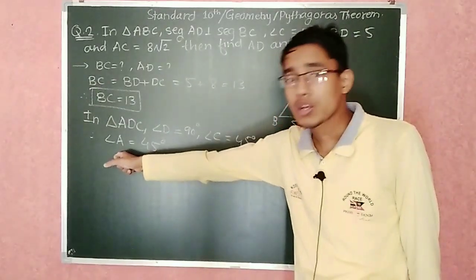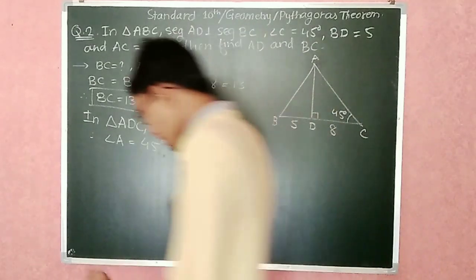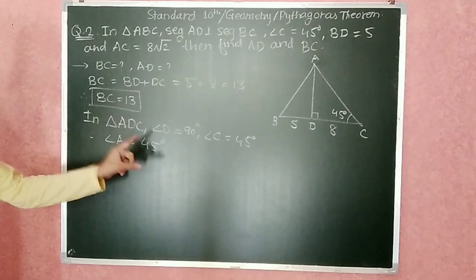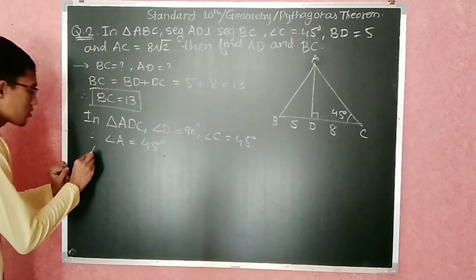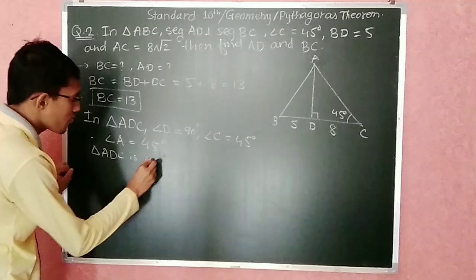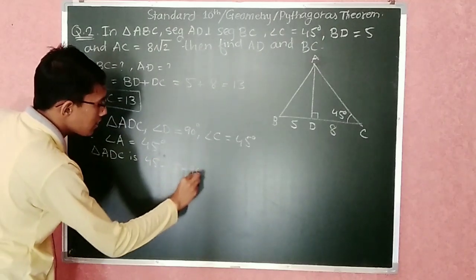So we got angle A equal to 45 degrees. Now we can say that triangle ADC is a 45, 45, 90 degree triangle.